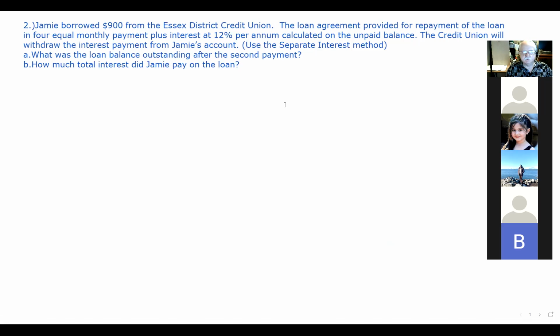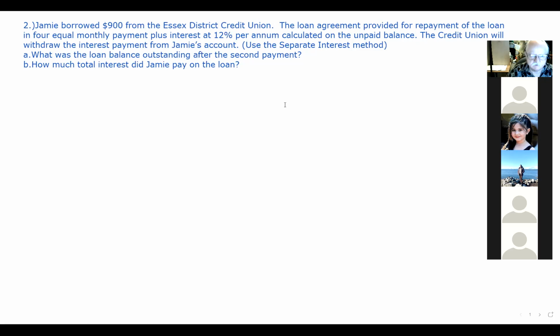The credit union will withdraw the interest payment from Jamie's account. And so Jamie obviously has an account at this bank, and we can use the separate interest method. What was the loan balance outstanding after the second payment? And how much total interest did Jamie pay on the loan?